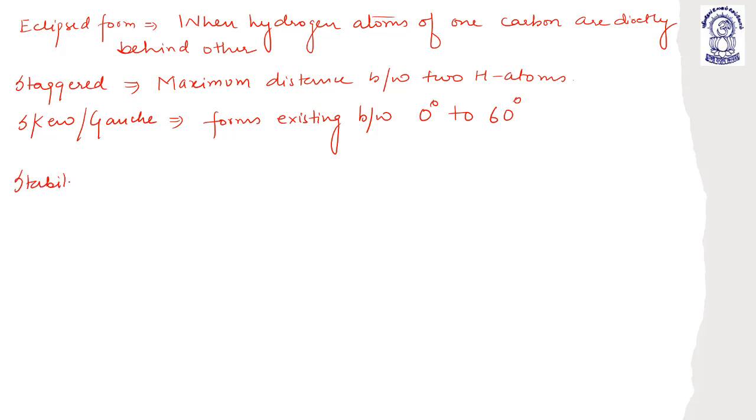Stability. The eclipsed form is less stable. Staggered form is more stable due to van der Waals repulsion and torsional strain.